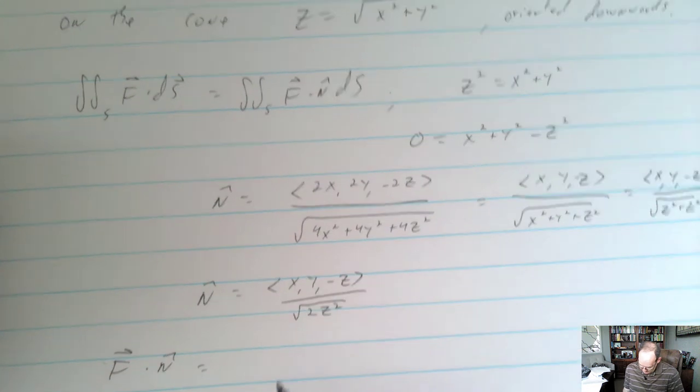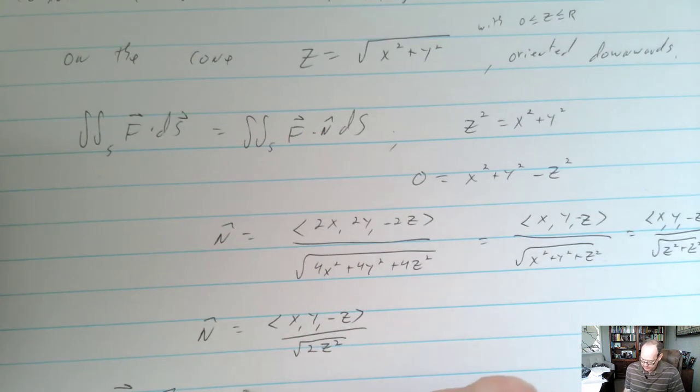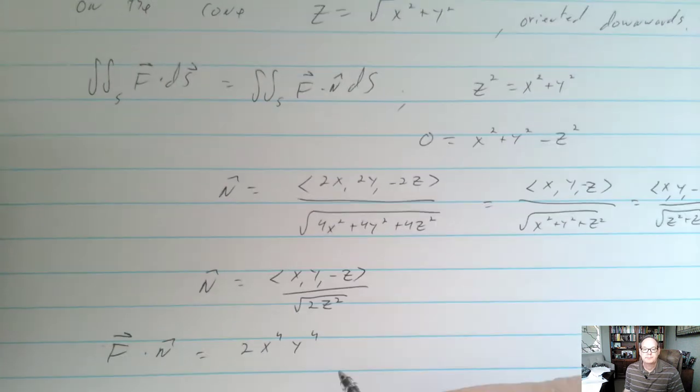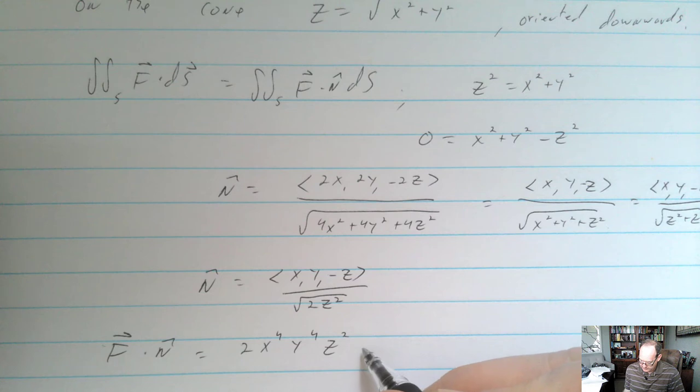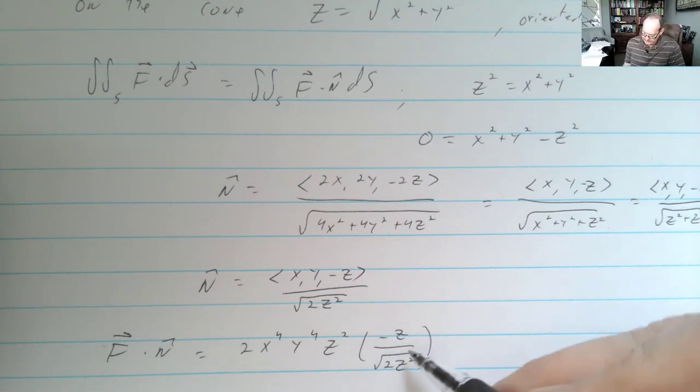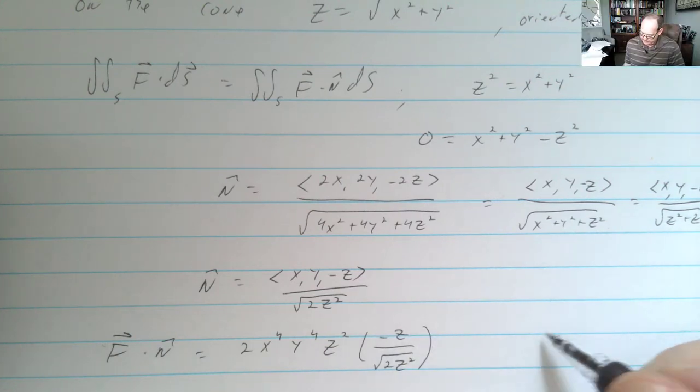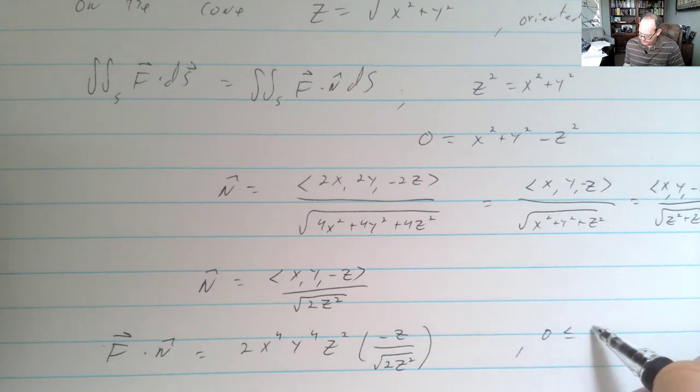So we're going to get 2x to the 4th, y to the 4th, z squared, and then times negative z all over the square root of 2z squared. And z is positive, right? We've got 0 less than or equal to z less than or equal to r. So this will come out as a z and cancel.